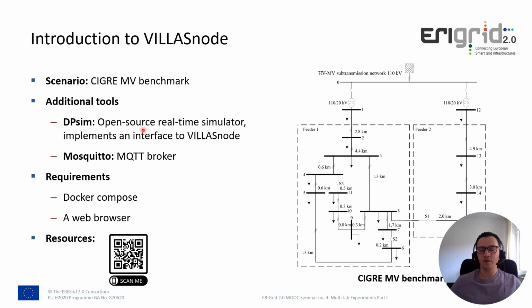In this case, our real-time simulator is going to be DPSim, which is an open source real-time simulator which also implements an interface to VILLAS Node. We are going to implement communications between the real-time simulator and VILLAS Node using MQTT. For this reason, we are going to use, in this case, the Mosquitto message broker.